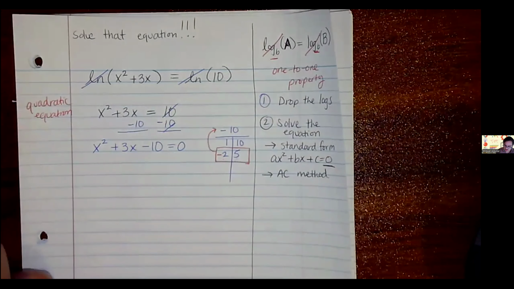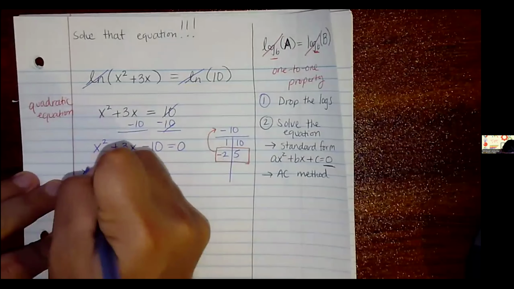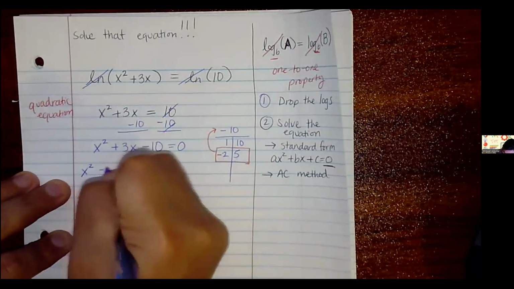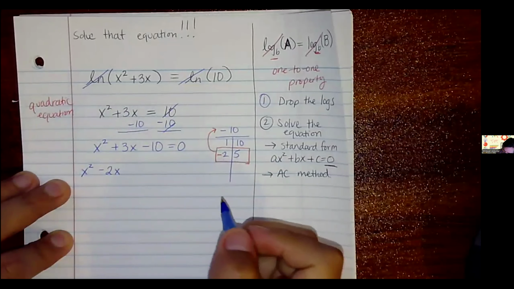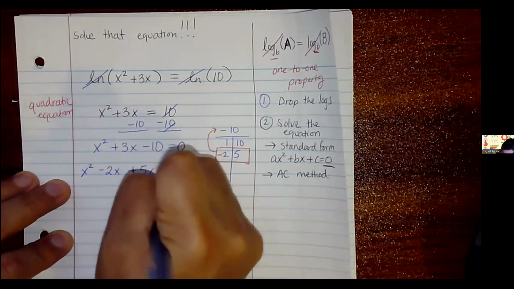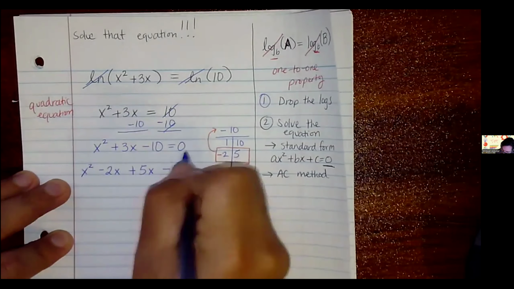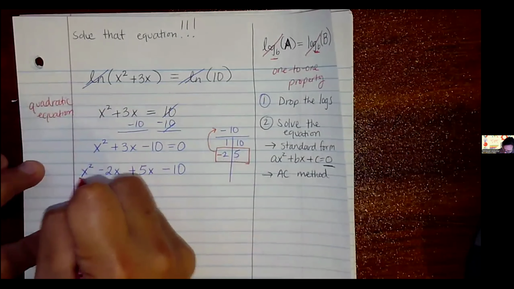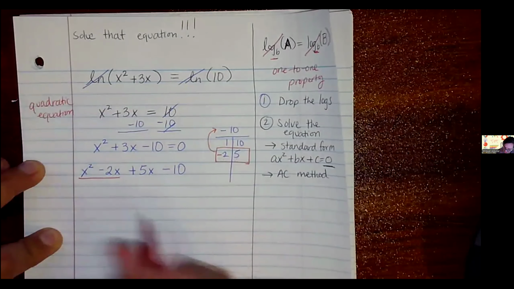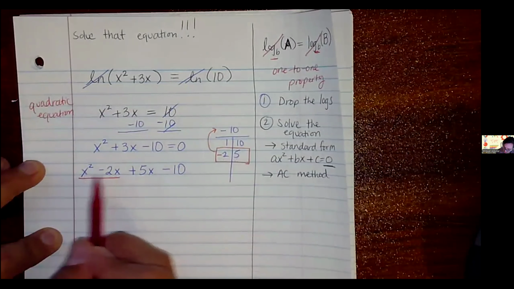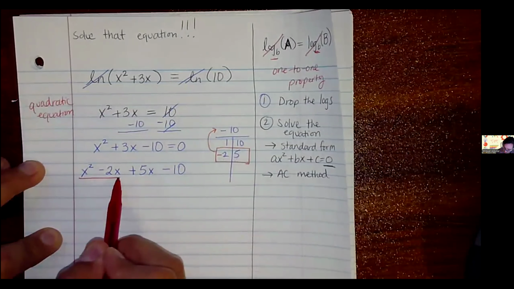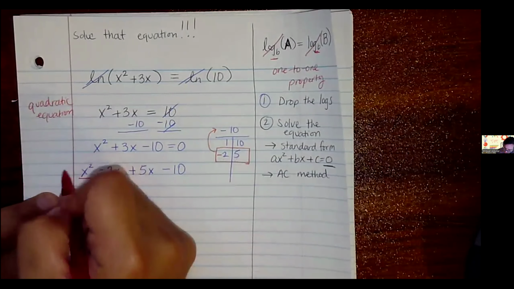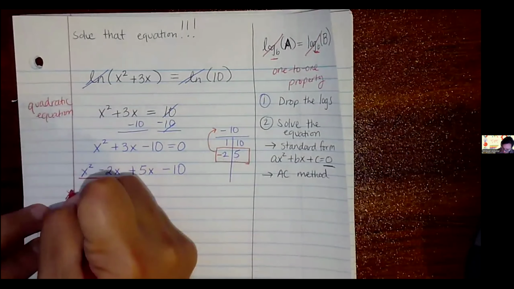Okay? So the long way is to rewrite this as x squared minus 2x plus 5x minus 10, and we're just going to kind of ignore the 0 for now. We look at these two terms here and ask ourselves, what do they have in common? X. They have an x in common.